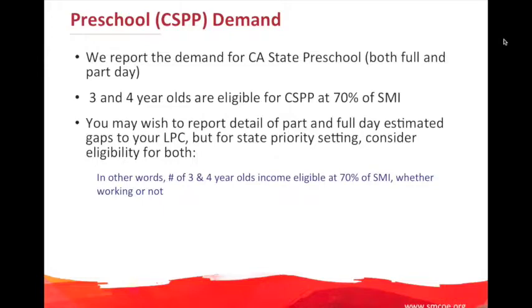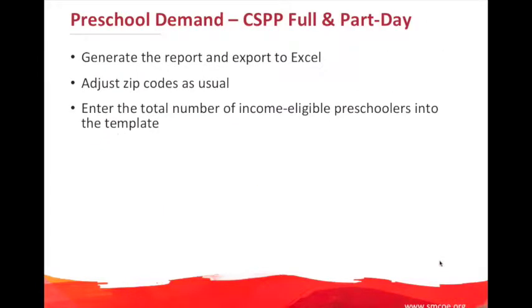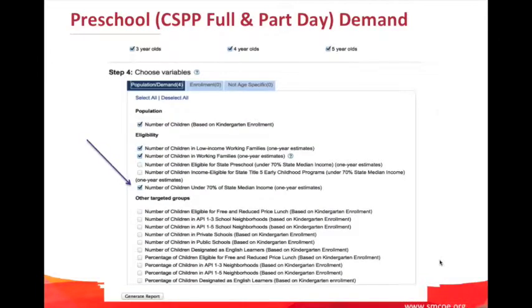Okay, so if we go to the next thing for state preschool demand, you would generate the report based on the income basically only, but I collect these other things, I include them in the spreadsheet so that I can report to the council. The number of children in low-income working families, the number in working families overall of all incomes, and the number of children under 70% of state median income.